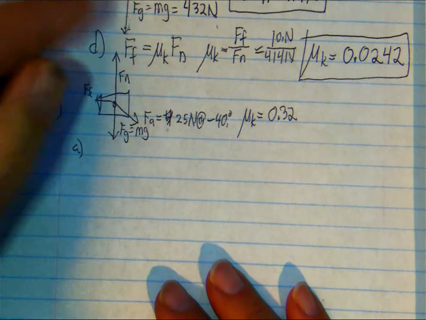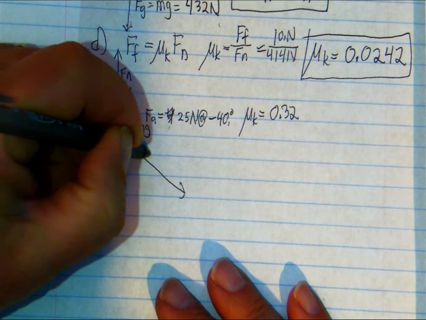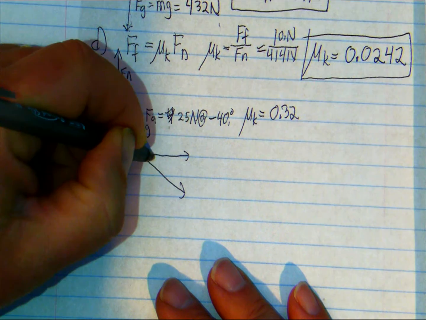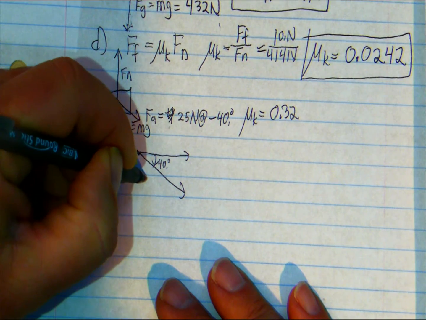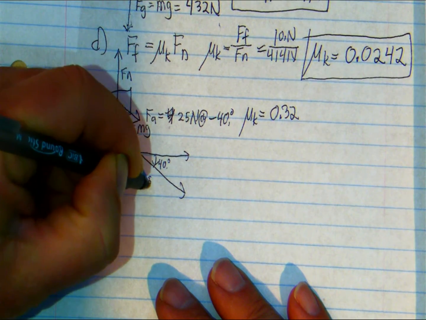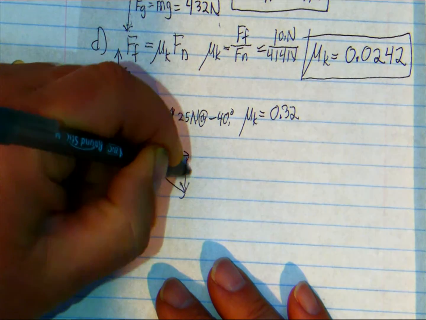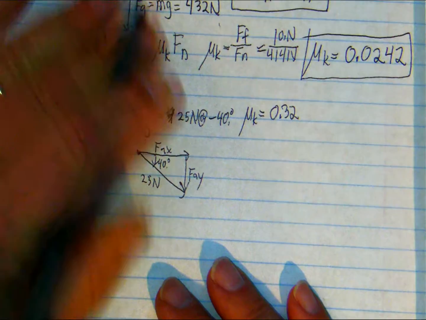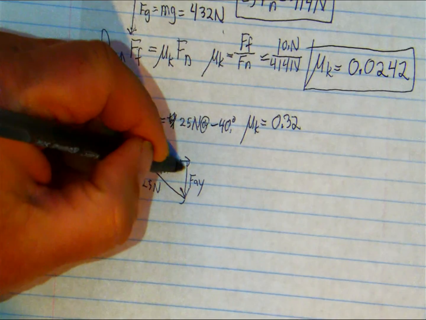So once again, I'm going to build a right triangle. The angle is 40 degrees below the horizontal. The hypotenuse is 25 newtons. I need the Fx and I need the Fy. Definitely I need Fy. So, right triangle.